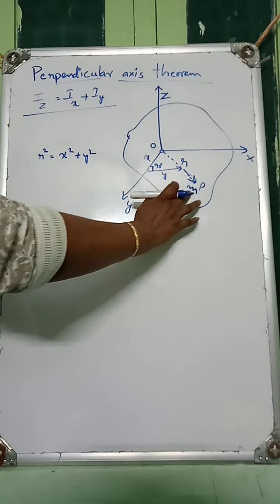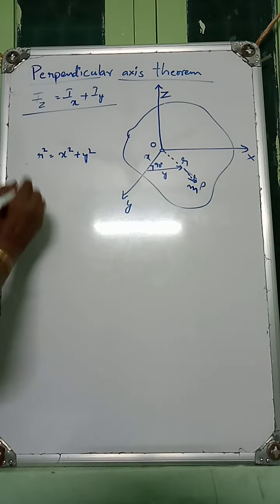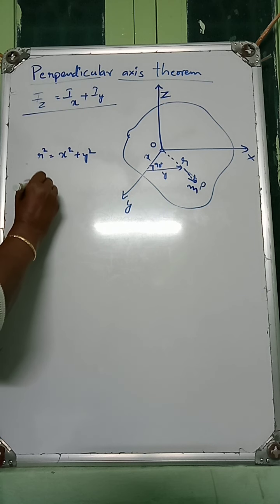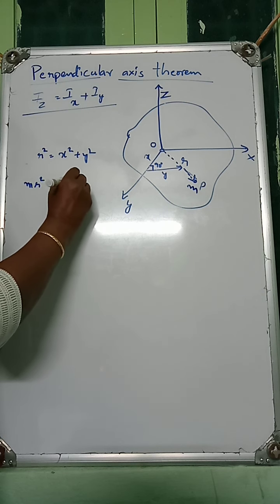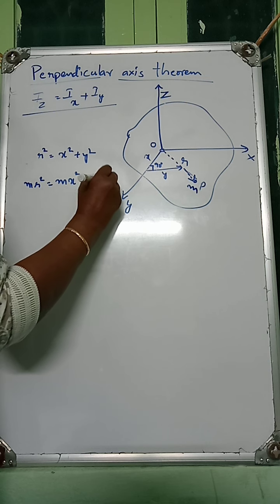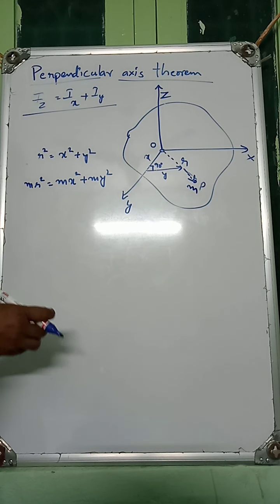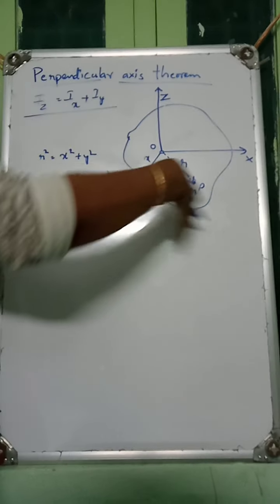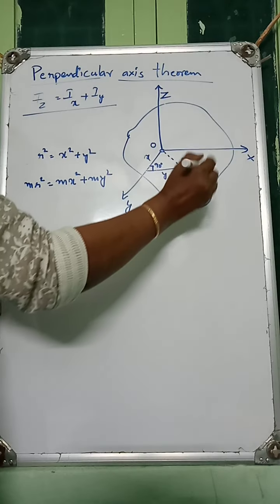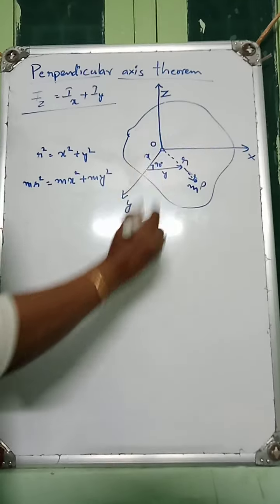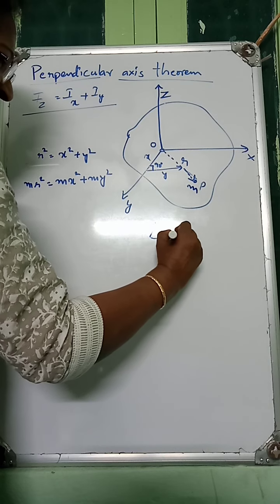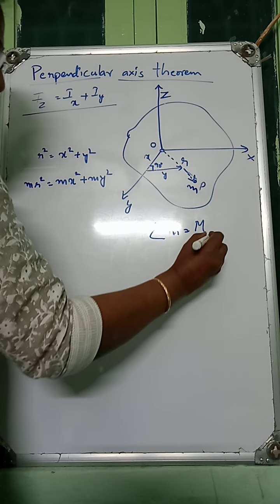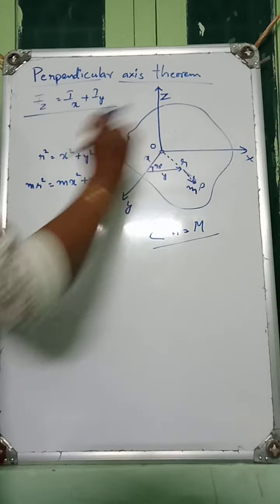If m is the mass of the particle, now multiply both sides by m. m r square is m x square plus m y square. If you want to calculate the moment of inertia of the entire lamina, this lamina is having n number of particles. So, sigma m is capital M, total mass of the lamina.